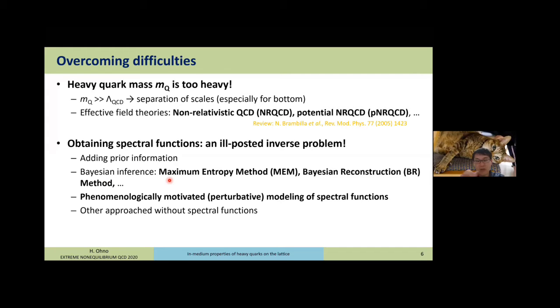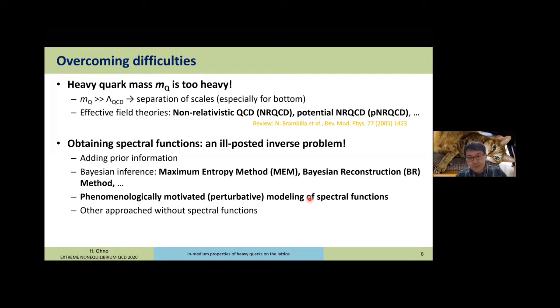Also, one can not only directly extract the spectral function itself, but also try to model the spectral function by using some knowledge based on phenomenology or some perturbative technique.